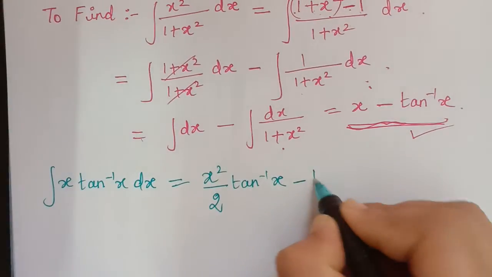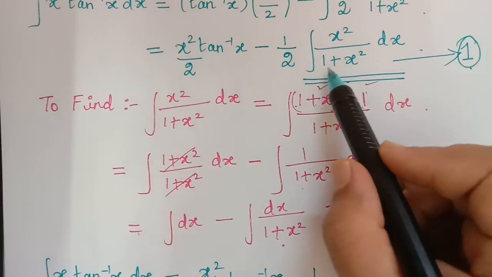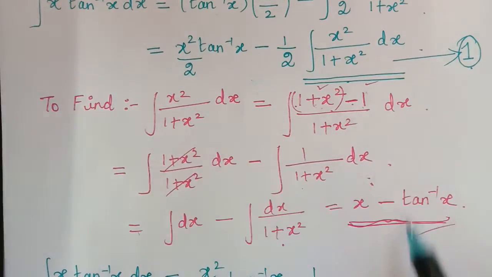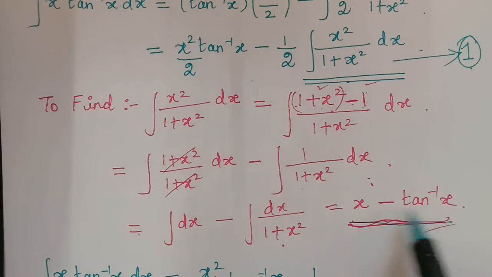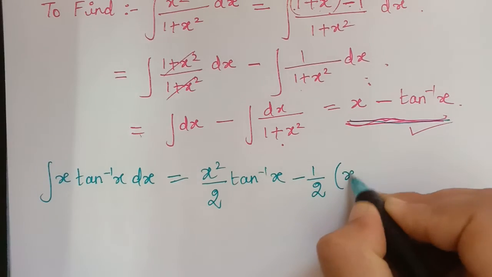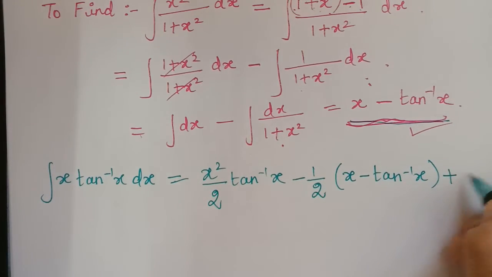So minus 1 by 2, and then we have integral x squared by 1 plus x squared dx. So this we have evaluated separately, and we have obtained it to be x minus tan inverse of x. So let us write that. So multiplied with x minus tan inverse of x plus a constant c, which is a constant of integration.